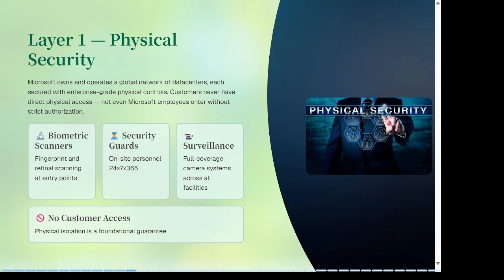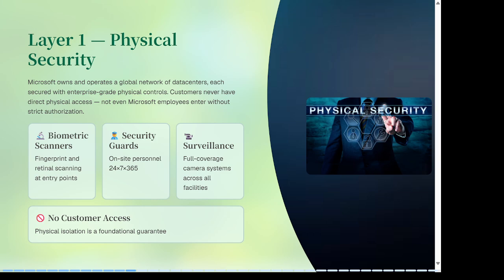That is physical security. Physical security is all about protecting Microsoft's global data centers, the places where Azure actually runs. These data centers are highly secured facilities designed to prevent any unauthorized physical access.